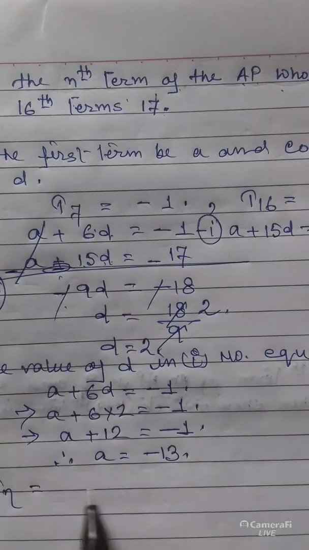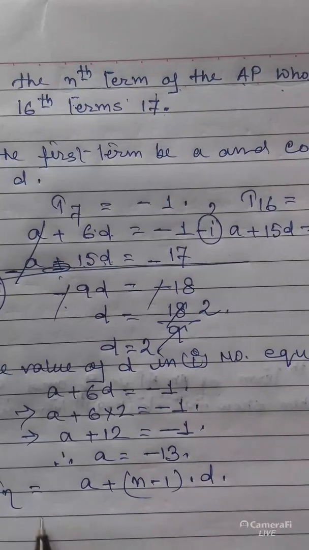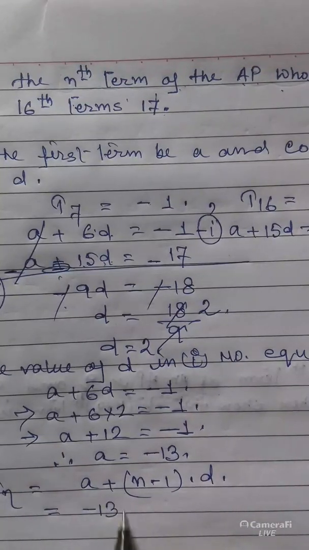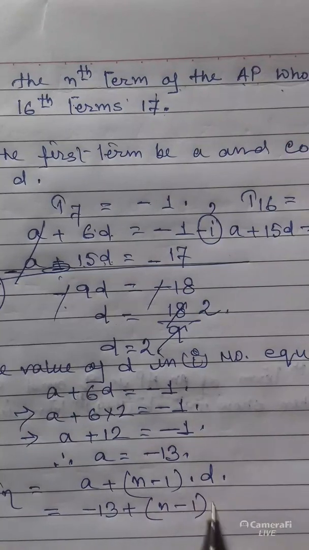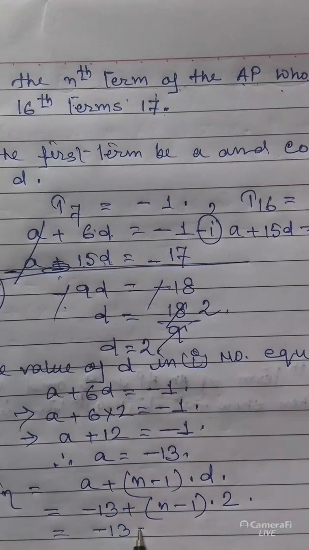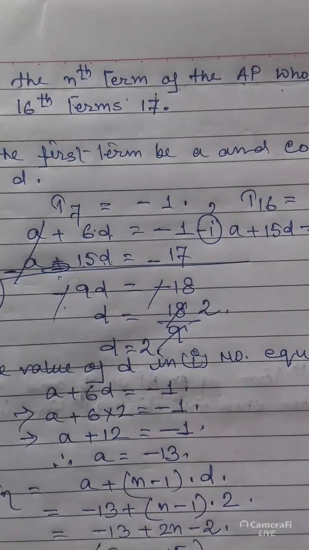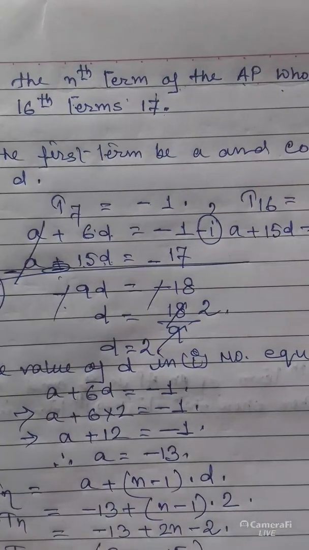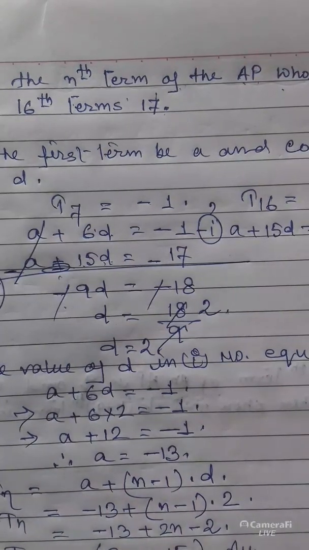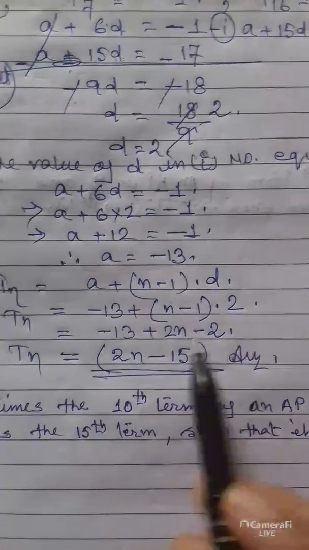So Tn equals A plus (n minus 1) into D. A is minus 13 plus (n minus 1) into D, which is 2. Minus 13 plus 2n minus 2. The answer is 2n minus 15. The nth term equals 2n minus 15. This is the answer.